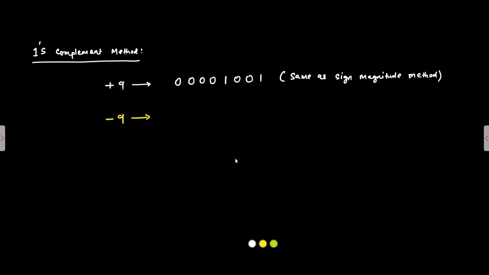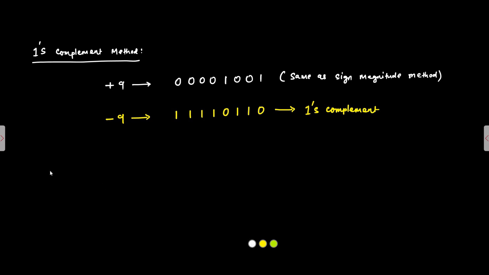So here it will be 1, 1, 1, 1, 0, 1, 1, 0. This is called the 1s complement. This is minus 9 in 1s complement.